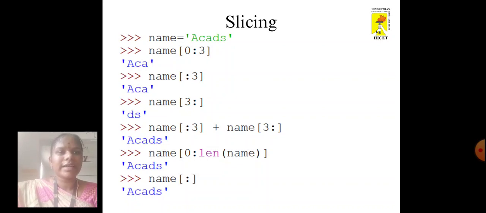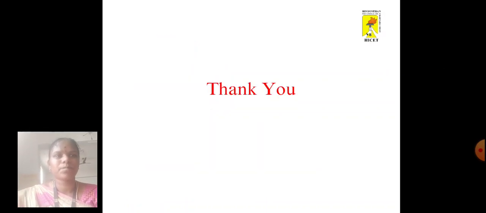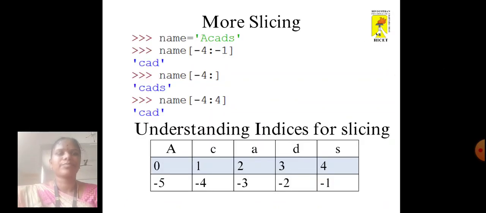After that, you can concatenate two different strings. In the next example, the total length of the name is 5, so up to 5 it will be displayed, and finally it displays all the elements. For more slicing, you can understand the indices.